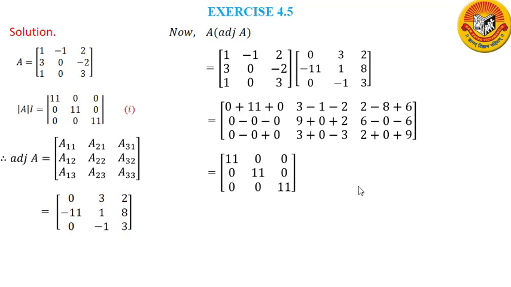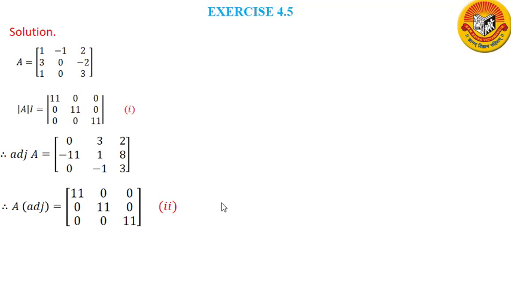So finally I get the answer as 11 0 0, 0 11 0 and 0 0 11. So A into adjoint A is also 11 0 0, 0 11 0, 0 0 11. So this is the second. So I have found out this determinant of A into I, right, and A into adjoint of A. Now let us also find adjoint A into A.